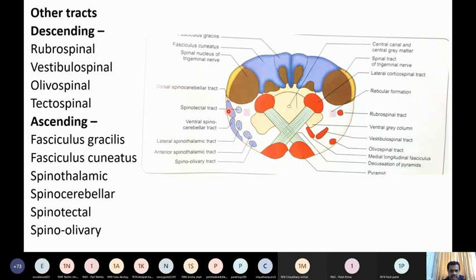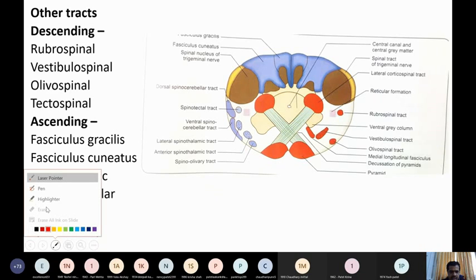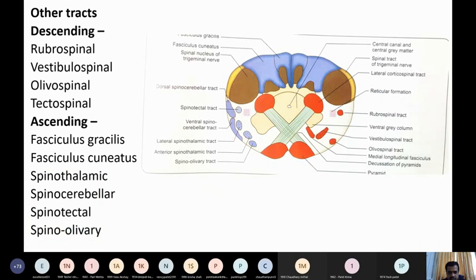Then there are other tracts like the anterior and lateral spinothalamic tracts, the anterior and posterior spinocerebellar or ventral and dorsal spinocerebellar tracts, then the spinotectal tract and the spino-olivary tract.